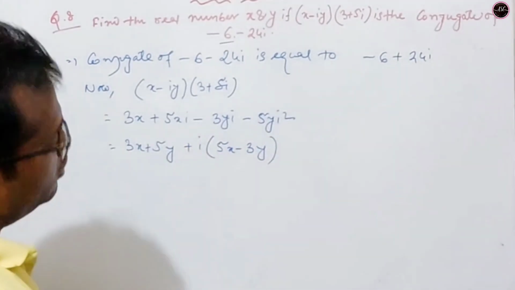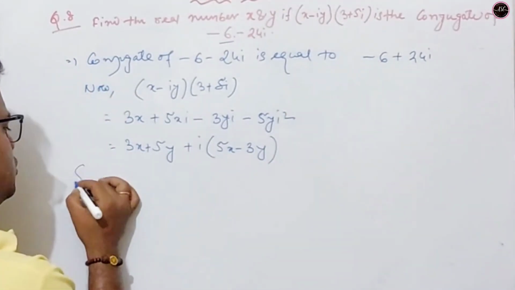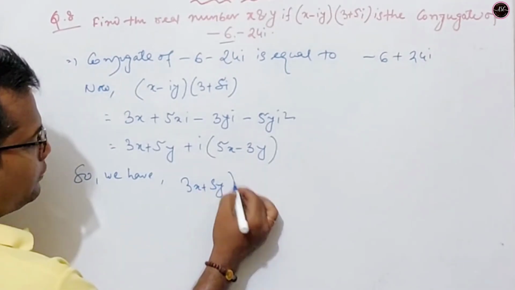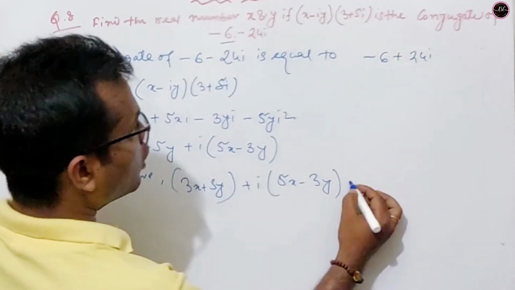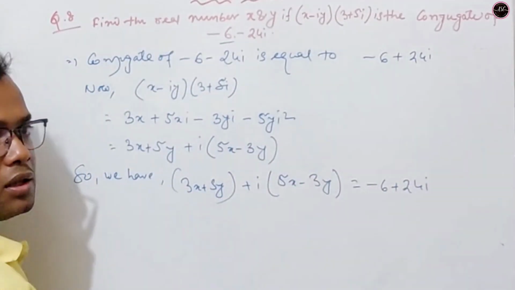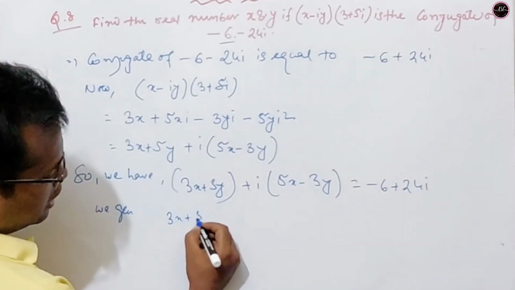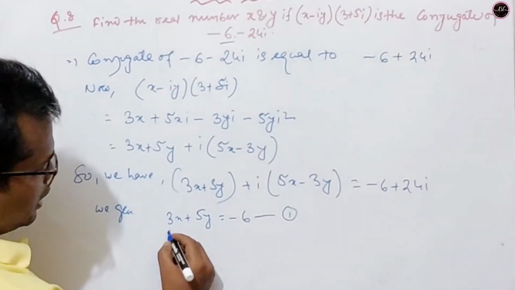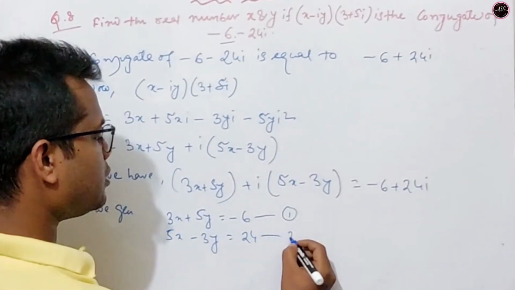As this value is equal to this value, we have 3x plus 5y plus i into 5x minus 3y equal to minus 6 plus 24i. Just comparing these two sides, we get 3x plus 5y equal to minus 6. This is equation number 1, and 5x minus 3y equal to 24. This is equation number 2.